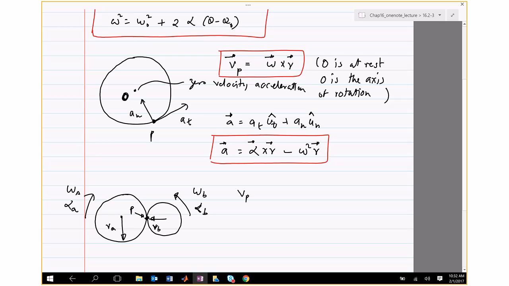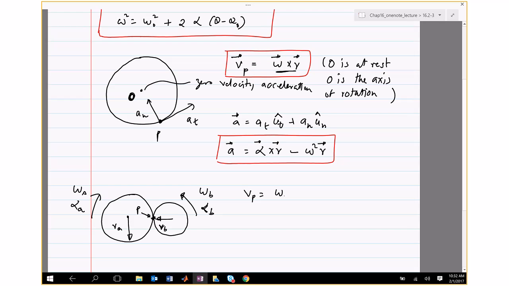The velocity of P, right from this formula, is omega A RA. If you see this figure here, velocity of P actually is in this direction. So that's omega A RA, but that is also going to be equal to omega B RB.